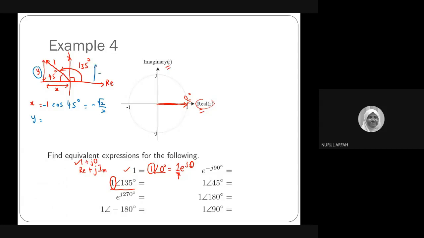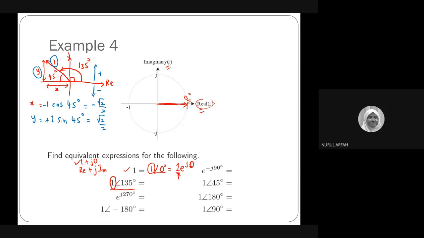So what about y? Going up here is positive, going down here is negative. Positive. What is the amplitude? 1, yes, very good. And then is this sine or cosine? Yes, 45 degree, right? So you just use the calculator and you will get 0.707.